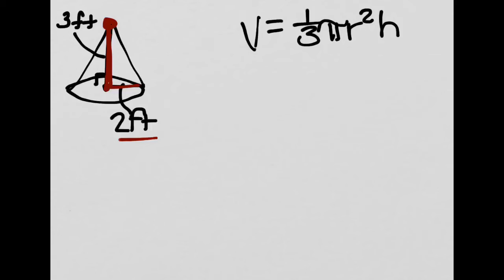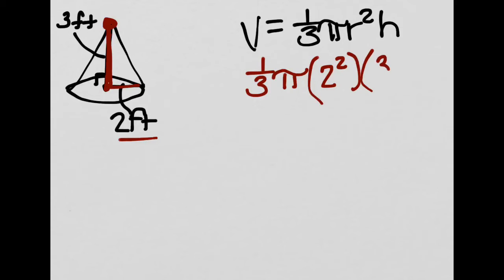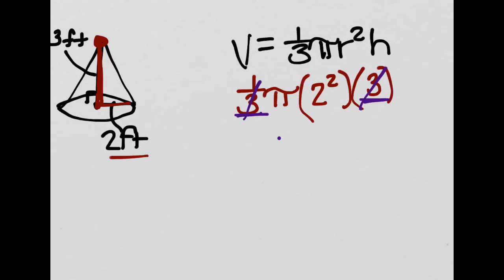So in this case, I have the radius and I have the height. So I'm going to plug in everything that I know. 1/3 times pi, the radius squared, so 2 squared, times the height. So I can do this in any order. I'm going to go ahead and look at this and say 1/3 of 3. 1/3 of 3 is 1. So I'm really just saying those are going to cancel out and become 1.